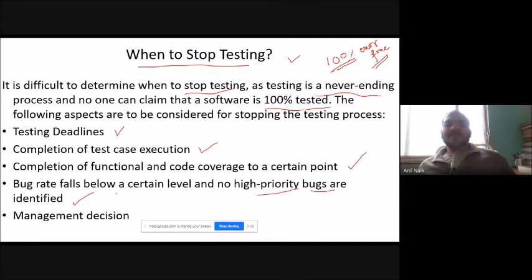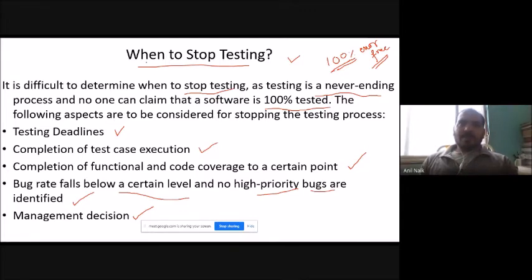If you are finding bugs at a very low rate, very few bugs are present, and no higher priority bugs are identified, in such a case we can stop the testing. And it also depends upon the management decision. If the organization is not willing to spend more time, effort and cost on testing, it's a management decision when to stop the testing.